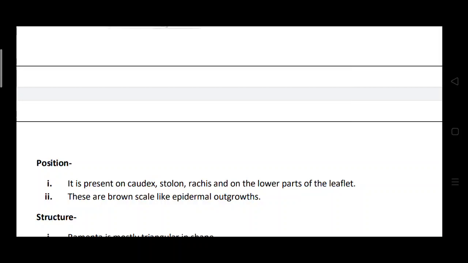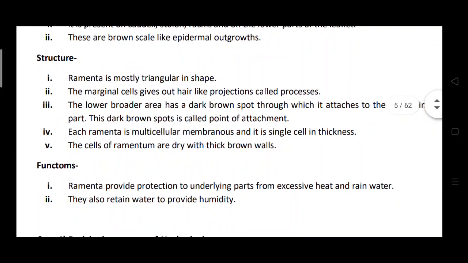cortex, stolon, rachis and lower part of the leaflets. The structure of the ramenta is triangular in shape. The ramenta is multicellular, membranous and single cell thick. These cells are dry with thick brown walls.